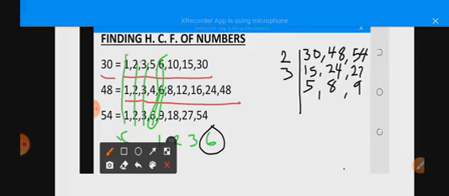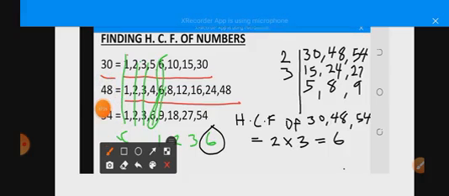Looking closely, we see that 3 cannot divide all the numbers. So we proceed to 5. 5 will divide 5, but 5 will not divide 8 and 9. So no number will divide all these 3 numbers. So the HCF of 30, 48, and 54 equals 2 times 3, which is 6.